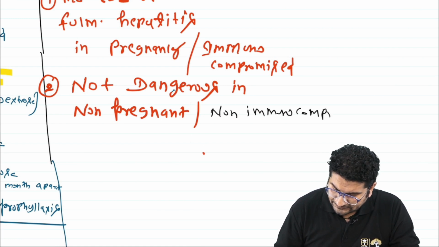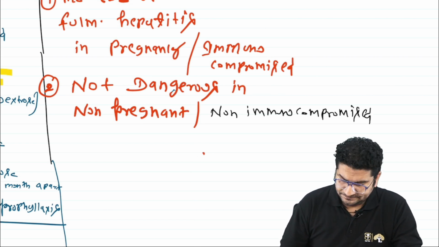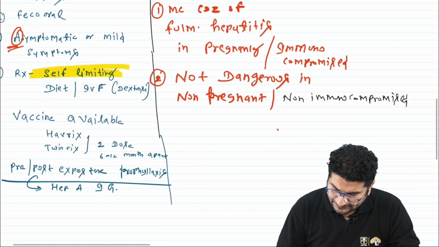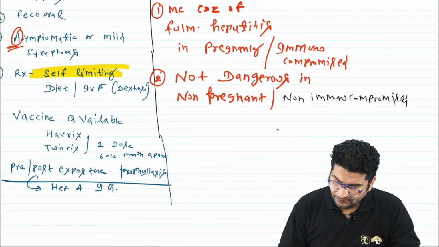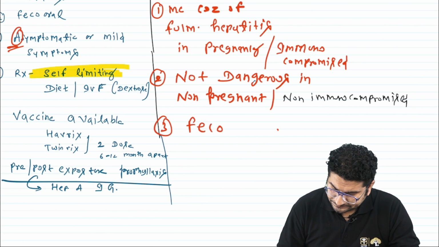For example, in an HIV patient this could be dangerous, but in a non-HIV patient it's normal. The route of spread is the same for both. They both spread by the fecal-oral route. So the route will be fecal-oral.